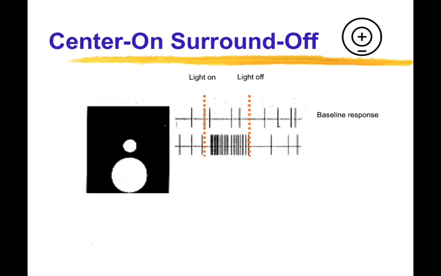The interesting thing happened when he shined a larger spot of light. The intuition would be that if you shine more light, you might get even more action potentials, right? Turns out, just the opposite had happened. Even though he's shining a bigger light spot, you actually get fewer action potentials than if you shine a small light spot. And this really puzzled Kuffler for a very long time.